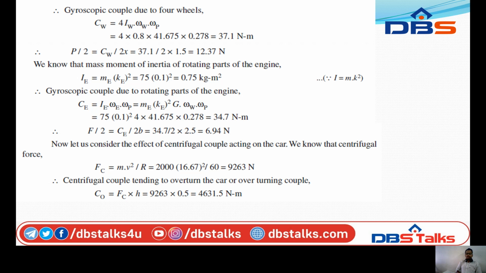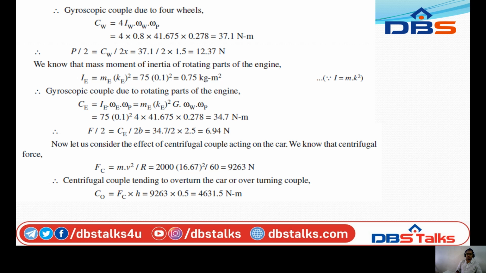Now let us consider the effect of centrifugal couple acting on the car. We know that the centrifugal force, that is Fc, is equal to m v square by r, that is equal to weight 2000 into velocity 16.67 whole square by r 60, that is equal to 9263 newtons. The centrifugal force we have calculated here, and the centrifugal couple tends to overturn the car.